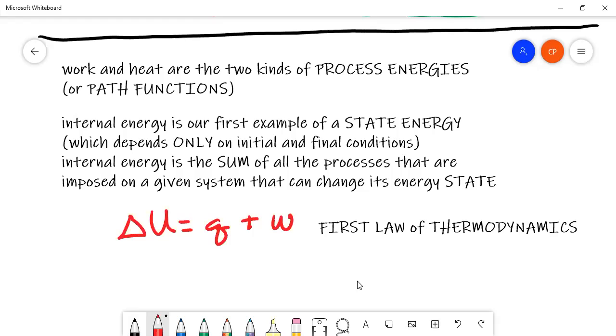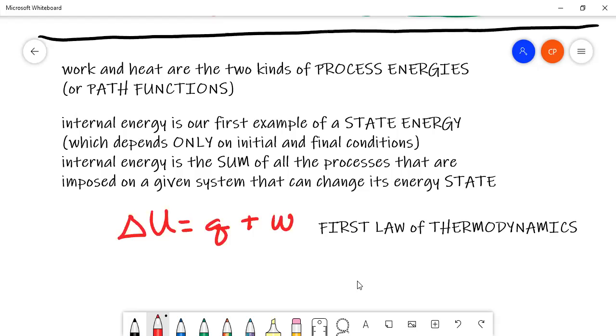Alternately, you may have heard of the first law of thermodynamics in the context of the law of conservation of energy. What does that rule say? What's true of energy under the law of conservation of energy? Energy cannot be created or destroyed.